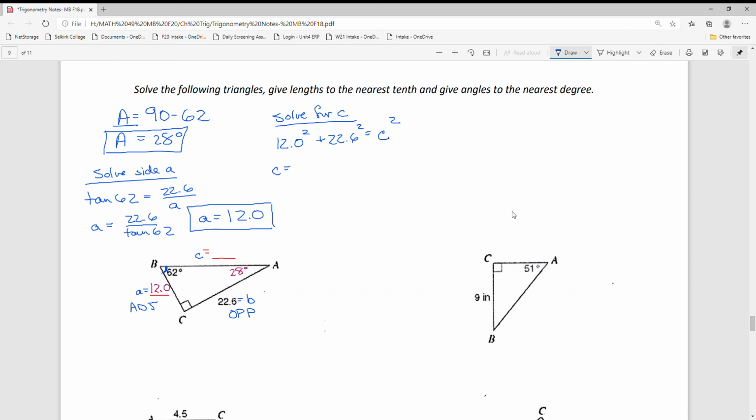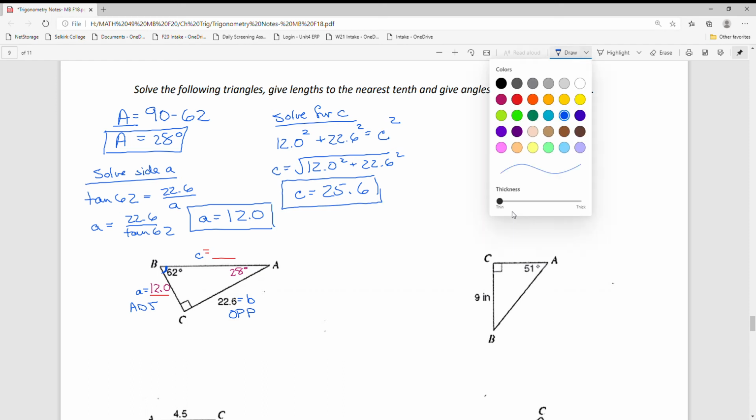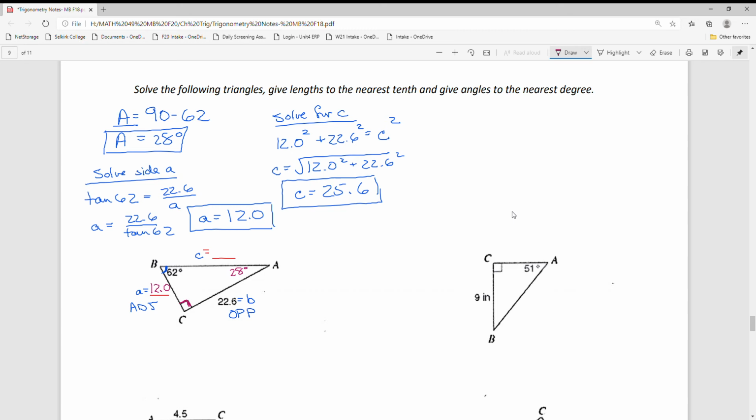I could say that C equals the square root of those two squares added together. My calculator would help me out with this, that C, rounded to a tenth of a place here, is 25.6. And that's the last piece of information that I need. Remember, we do have that freebie. We have that 90 degree in the corner because these are all about right angle triangles.